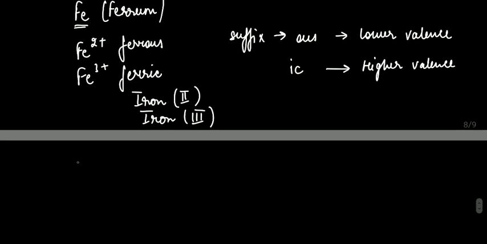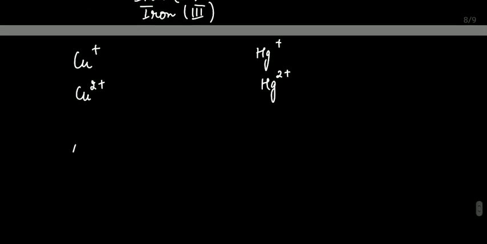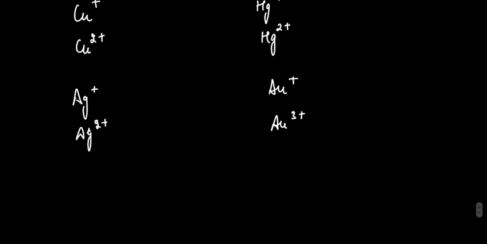Then we go to copper, Cu+, Cu2+. We go to mercury, Hg+, Hg2+. Then we go to silver, Ag+, Ag2+. So plus 1, plus 2, I'm clubbing it together. We can go to gold, Au+, Au3+.